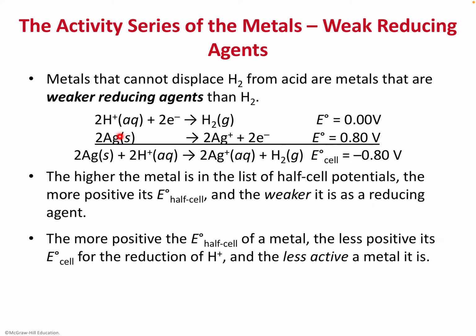So silver here, silver plus and 2 electrons, 0.8, hydrogen kept as 0. The higher the metal is in the list of cell potentials, the more positive its E naught half cell, and the weaker it is as a reducing agent. The more positive the E naught half cell of a metal, the less positive its E naught cell for the reduction of hydrogen ions, and the less active a metal is.